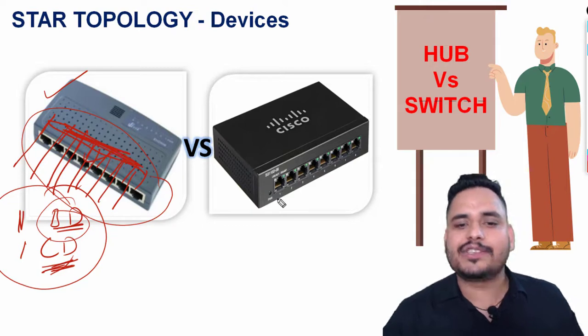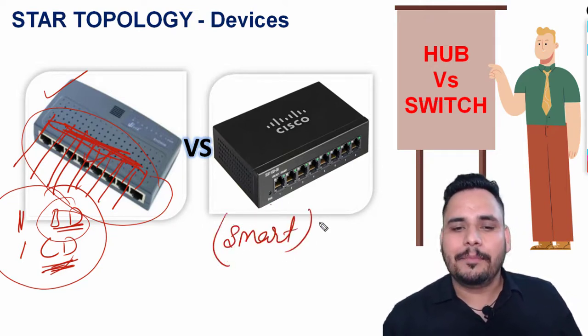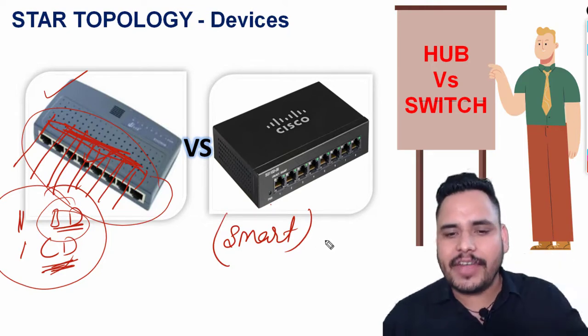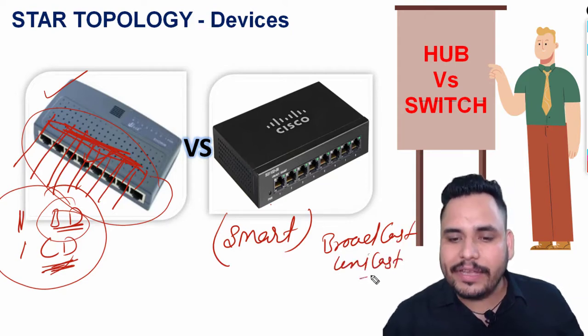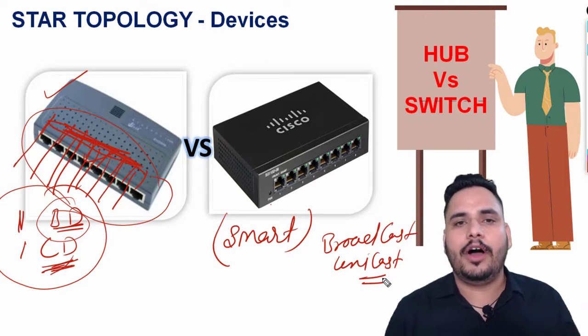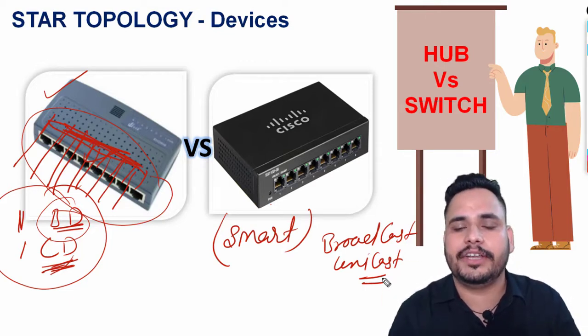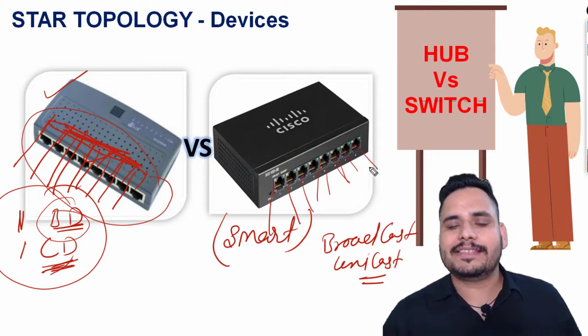But unlike a hub, a switch is a smart device. Why? Because a switch does broadcasting the first time, but after that it can perform the unicast process. Unicast means in a switch we can perform one-to-one data transmission from every port. Now the question arises, why does a switch broadcast the first time?